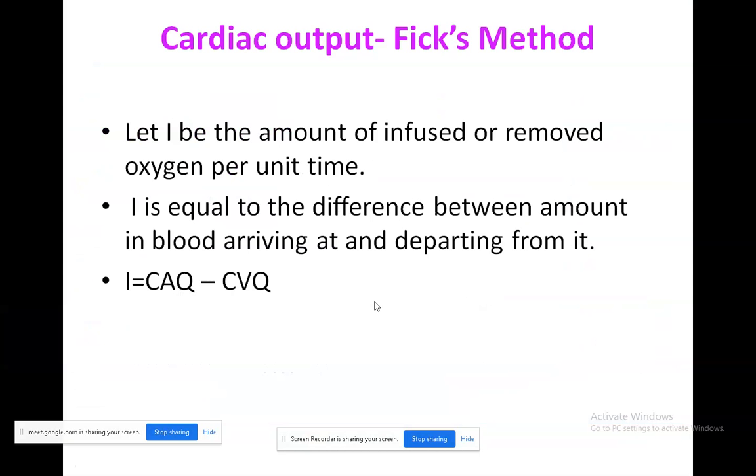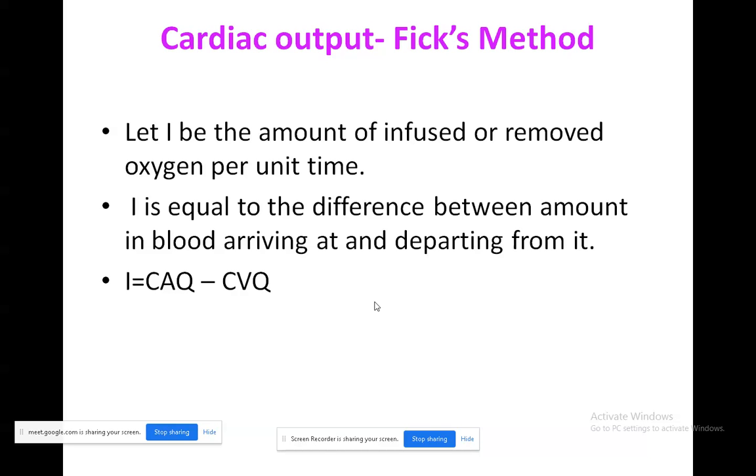Next, let I be the amount of infused or removed oxygen per unit time. So for a time period, you are going to inject oxygen into the blood. I is equal to the difference between the amount in blood arriving at and departing from it.